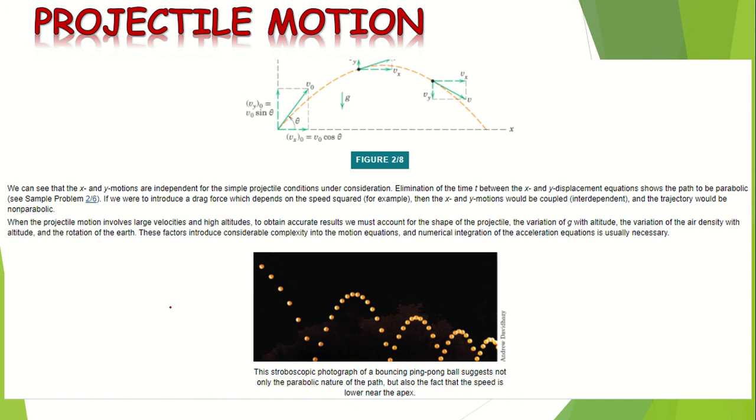This is an example of a stroboscopic photograph of a bouncing ping pong ball. It suggests not only the parabolic nature of the path, but also the fact that the speed is lower near the apex.